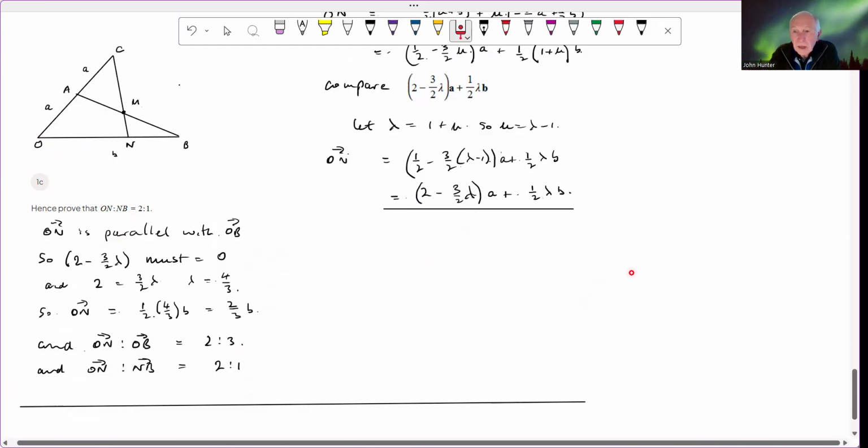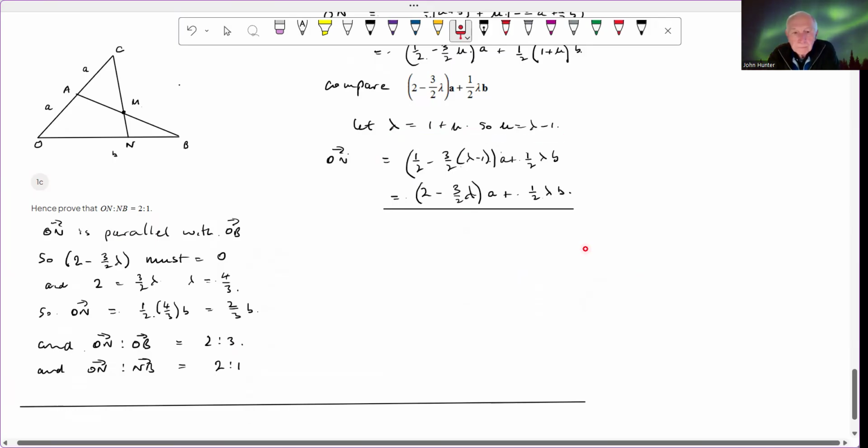In that case, perhaps some kind of mapping between those would actually solve it for you. So I suggest when you do this that you don't use lambda, that you use mu, because when you come to do this sort of conversion here, it just makes it a little bit more straightforward.